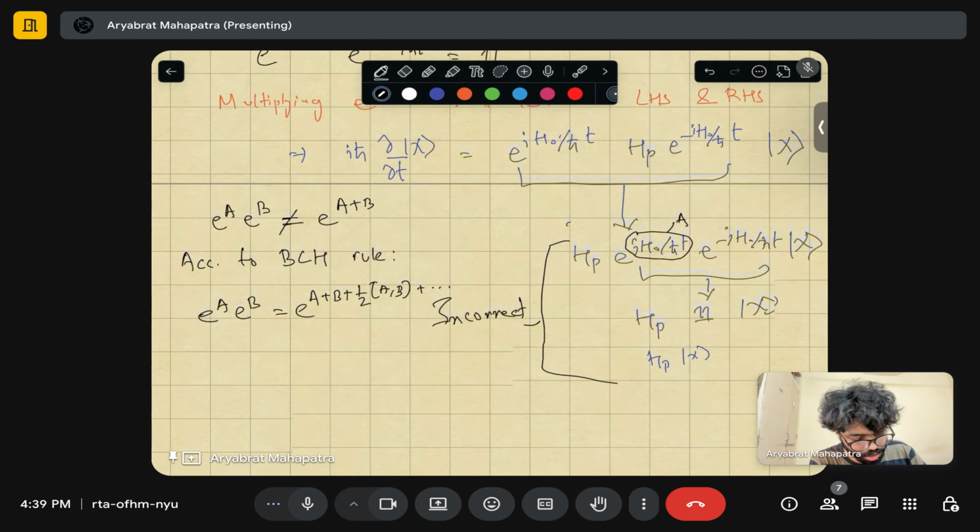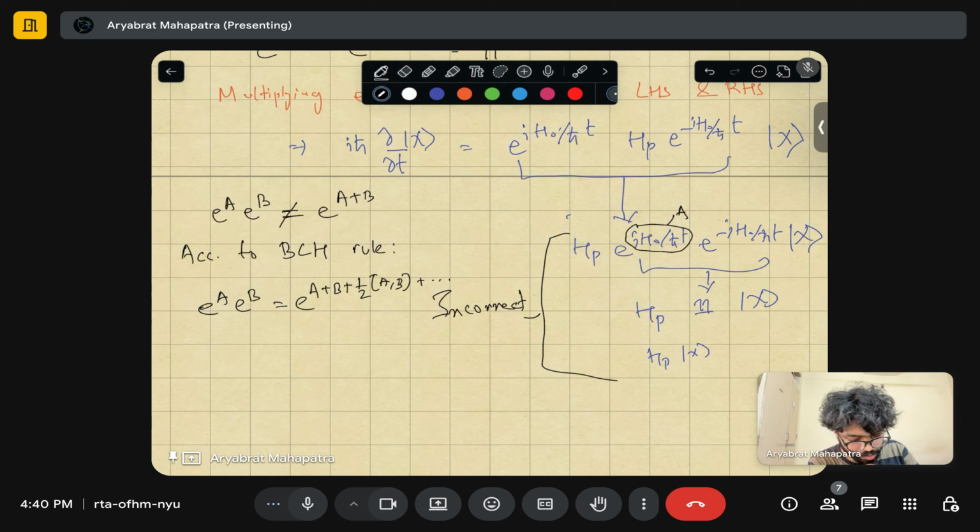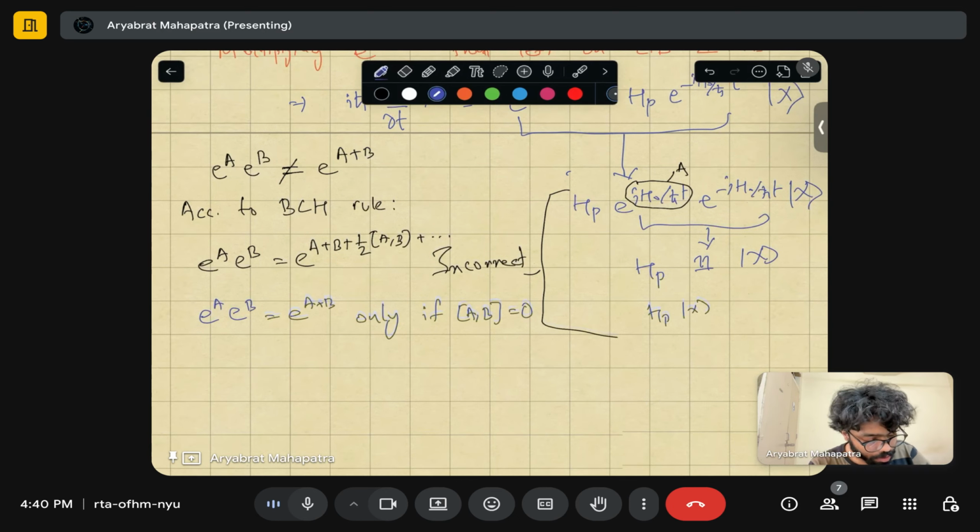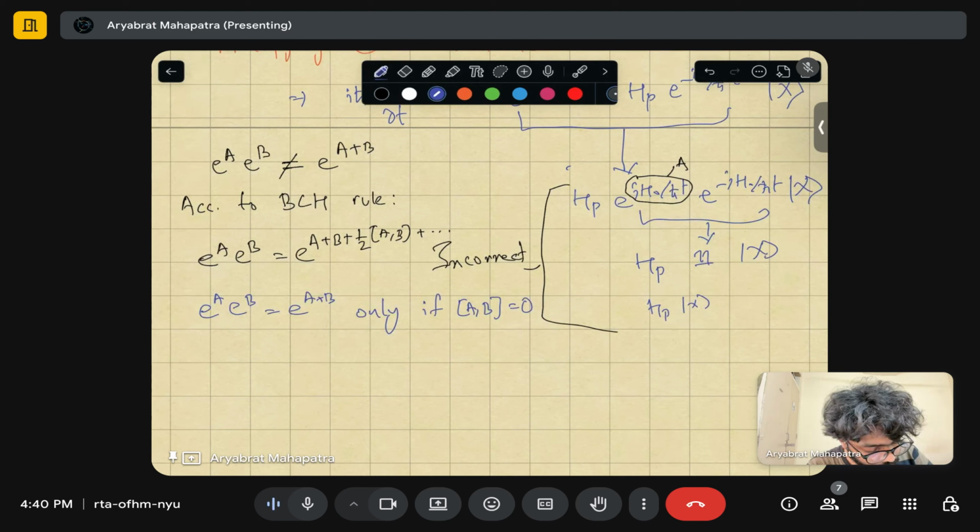So you can write e^A e^B equals e^(A+B) only if the commutator of A and B is 0. If the commutator of A and B is not 0, then these other terms will contribute.